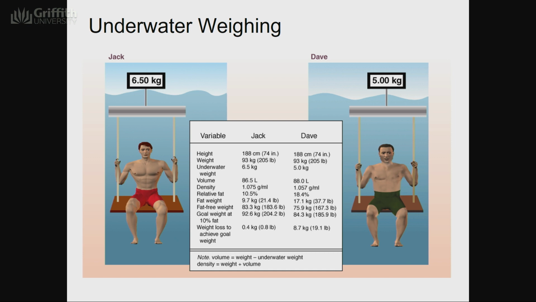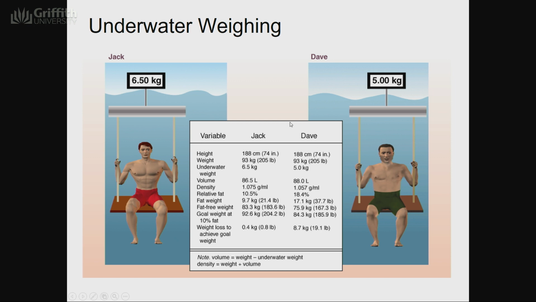So in that instance, given the density of fat mass to lean mass, we would see that Jack on the left-hand side would have a lower fat weight and more fat-free weight, and so ultimately would be a leaner individual than Dave, who weighs less underwater.